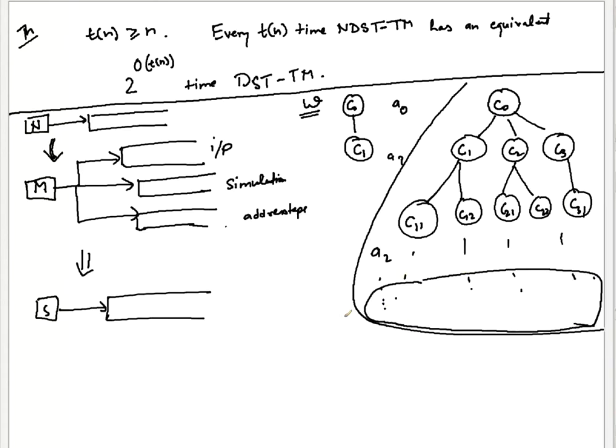Now, when you say a non-deterministic Turing machine N is going to accept this input w, what is the accepting condition?